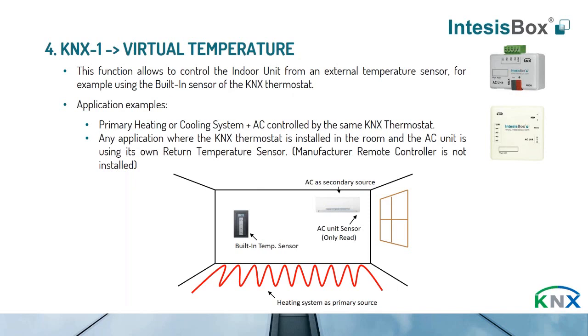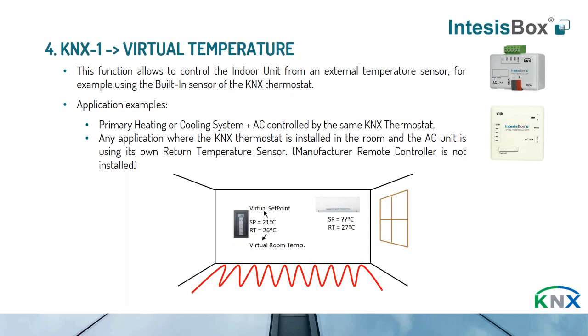How? Imagine, as we are showing here, we have the split unit with its sensor and the thermostat with its own sensor. So usually, as an example, the split reads 27 degrees and the KNX thermostat is instead giving 26 degrees. We are saying that the set point you are sending from the KNX thermostat is 21.